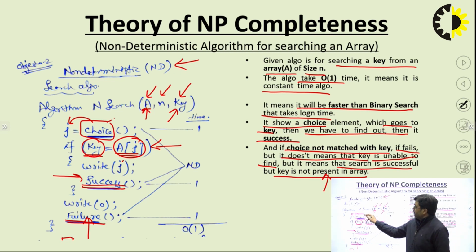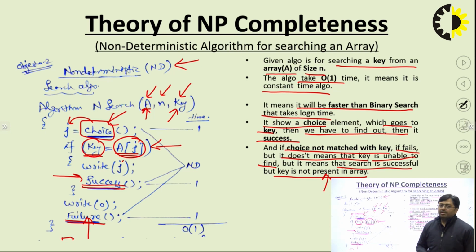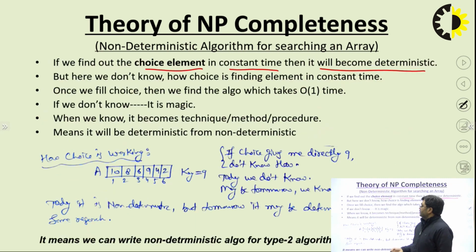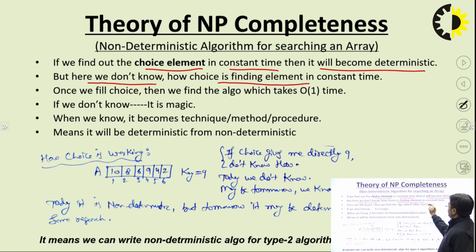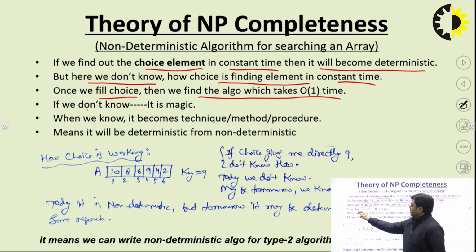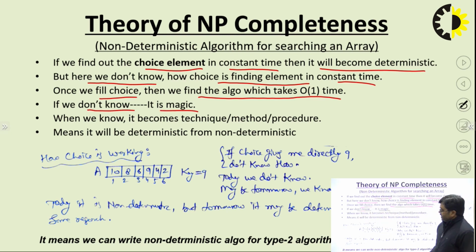If some researcher gives the procedure for the choice element, then it will become deterministic someday. Once we fill in the choice, we get an algorithm which takes order of one time. If we don't know, it is magic.